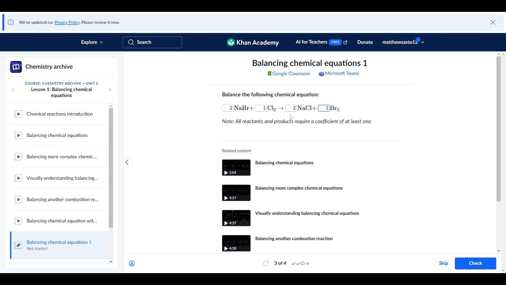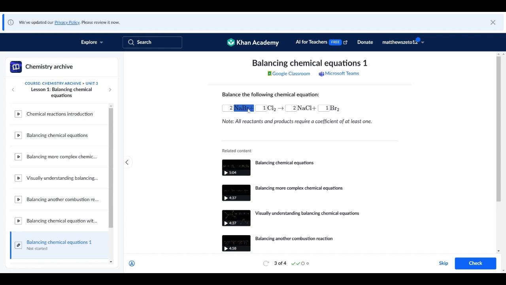We know this because there's one diatomic chlorine, so there's going to be two chlorine atoms because the subscript is two. Since there's two chlorine, and NaCl has one chlorine and one sodium atom each, you're going to need two sodium atoms on the other side.